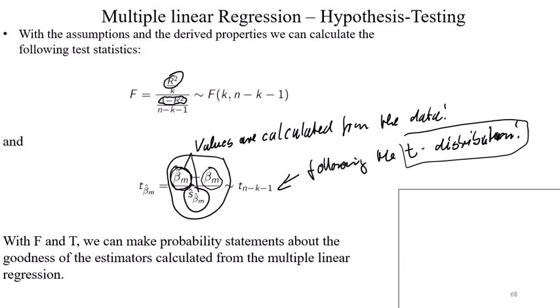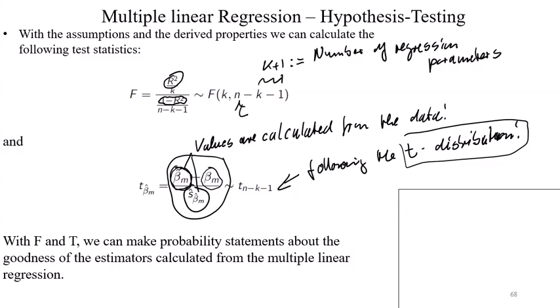So here k plus 1 is again the number of regression parameters, and n is the number of the data points.